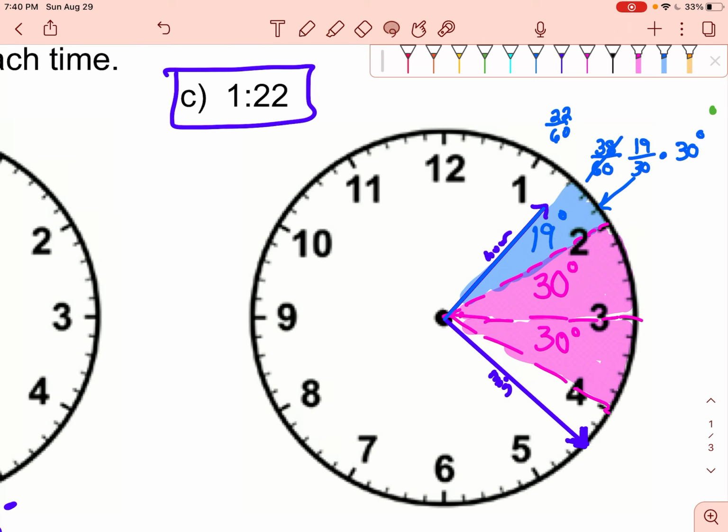Now, some of you guys love to use that proportion, so let's just talk about this really quick. If you guys like to use the proportion, now keep in mind that 1 degree is equal to a half of a minute, okay, or 1 minute, however you guys would like to think of that.